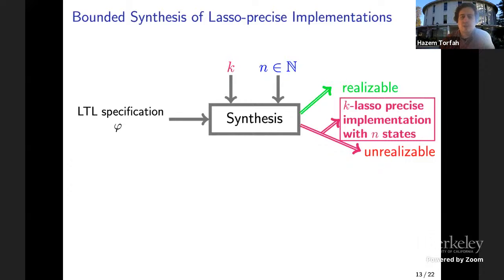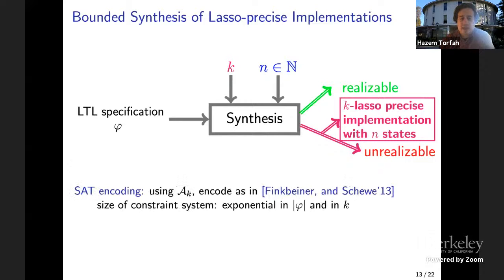Since we already have an automaton that defines that, we can of course use bounded synthesis as presented by Bernd Finkbeiner and Sven Schewe, which means that the constraint system will be exponential in phi and in k for LTL formulas.